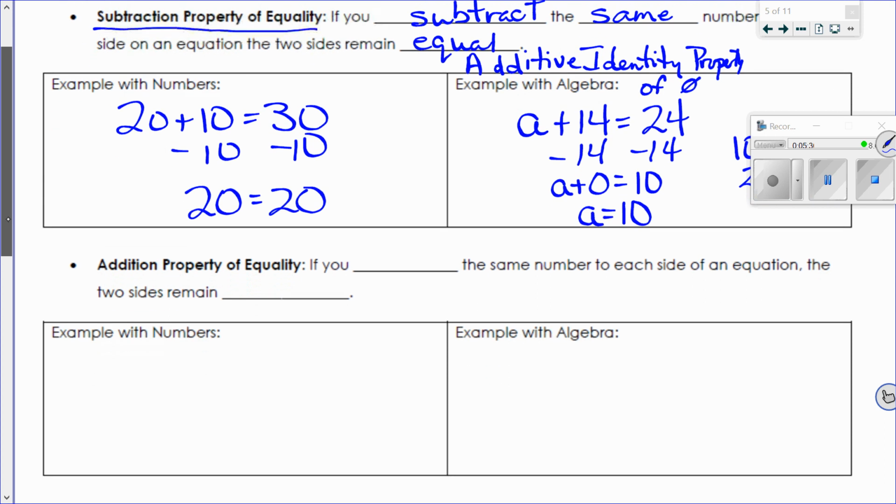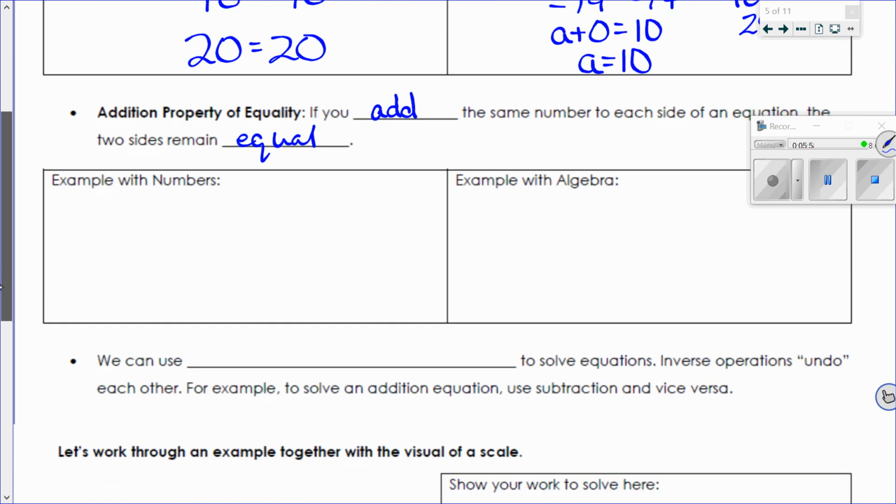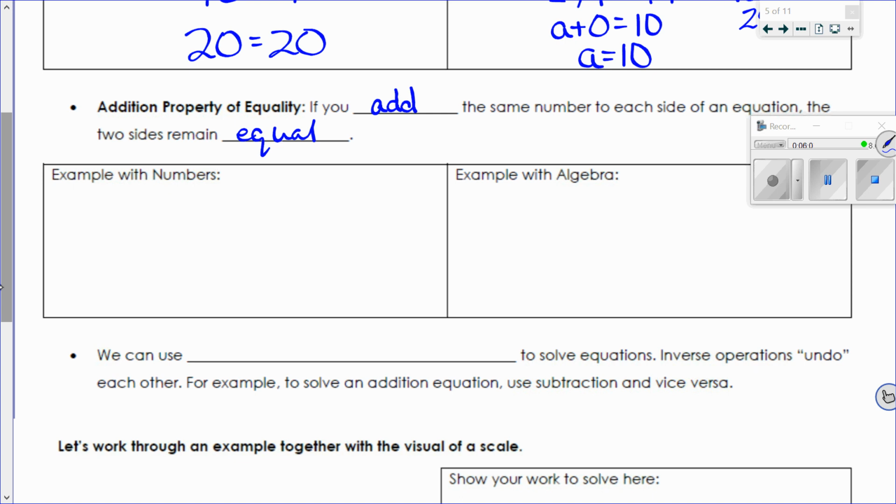Okay, the other one that we're going to be using today is our addition property of equality, which says if I add the same number to each side of the equation, the two sides remain equal. Okay? Ms. McShann did not like my earlier example, so let me change up my example a little bit. If I have 50 minus 15 equals 35, what would be the opposite of subtracting 15?